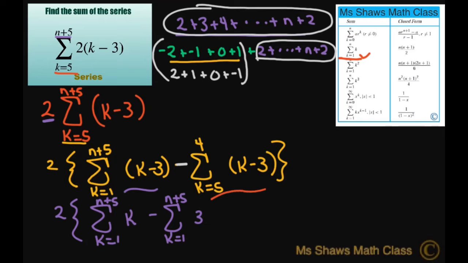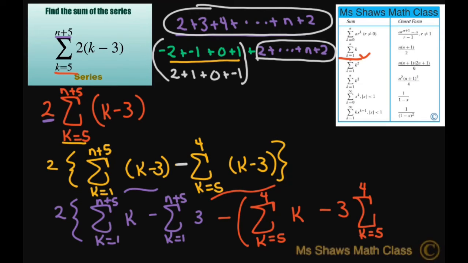Now the second part, we'd have minus the sum k equals 5 to 4 of k, and then we have minus 3, so that's going to end up being plus 3 times the sum of k equals 5 to 4 of 1, sorry, because it would be negative 3 times 1. So there's that. All right, now that we have this, and then it's all going to be multiplied by 2.